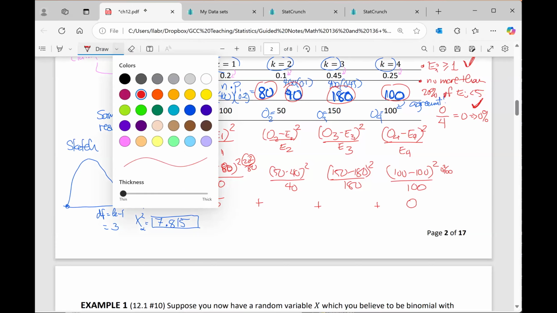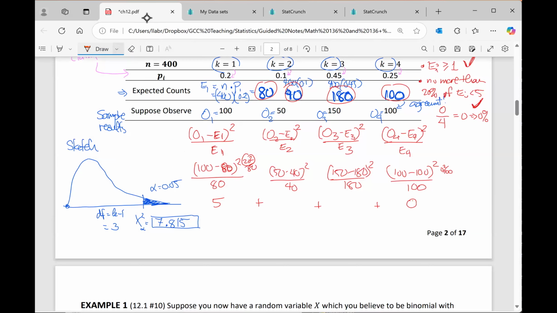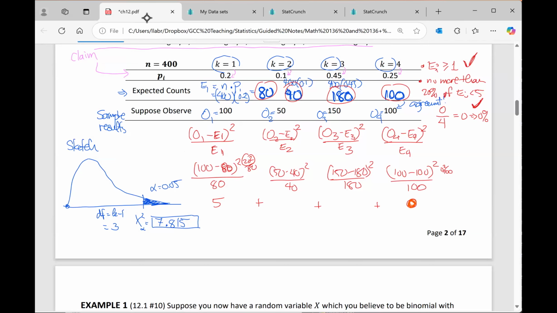Notice that this makes sense. In category 4, there is no disagreement, so that contributes 0. But the level of disagreement in category 1 is a 5. Do this for all the other ones, and you get the levels of disagreement as 2.5 and 5. If you add all of these up, you get the chi-squared statistic, the sum of all of these. So 5 and 5 is 10, and 12.5. So this is our test statistic, 12.5.